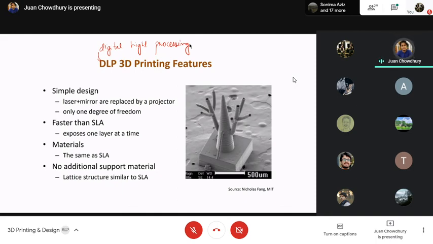Just look at the image of this DLP structure and look at the range, 500 micrometers. That's really small. It's a couple of human hairs, and you can build a complex structure with that amount of surface roughness.